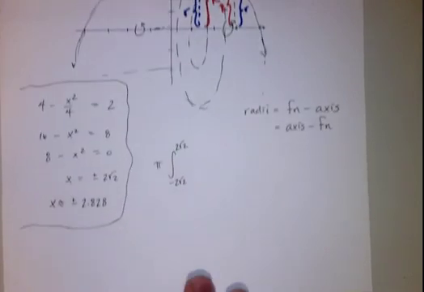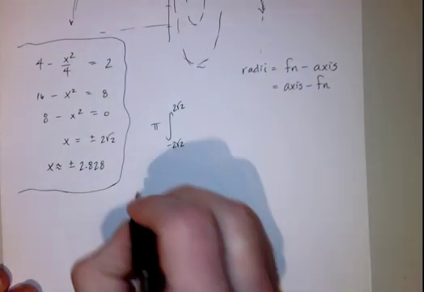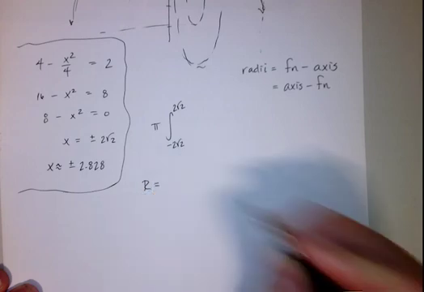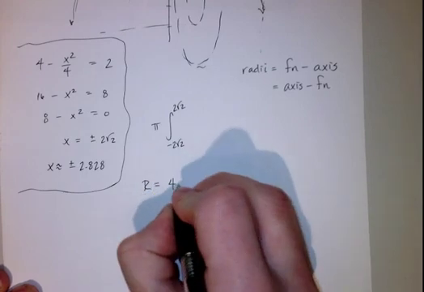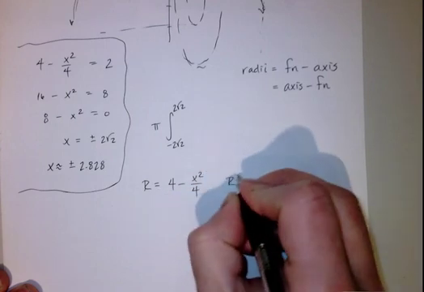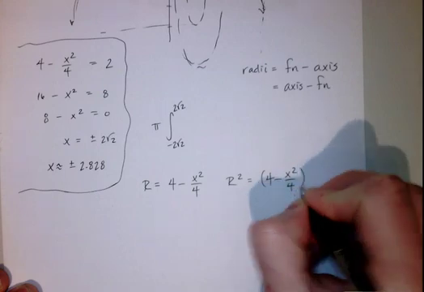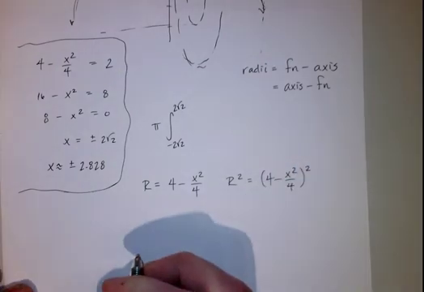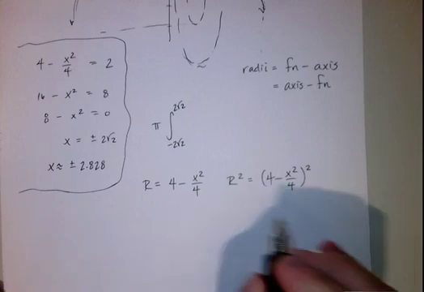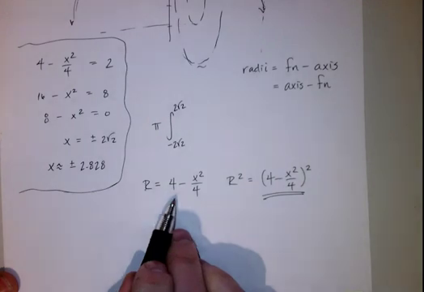So here's what I'm going to suggest. Every time you have a problem like this, I want you to make this little table. I want you to tell me that that is big R, and then I want you to explicitly write out what r squared is. Not that you're not smart enough to figure that out on your own. It's just a visual reminder that this is what goes in the integrand, not this.